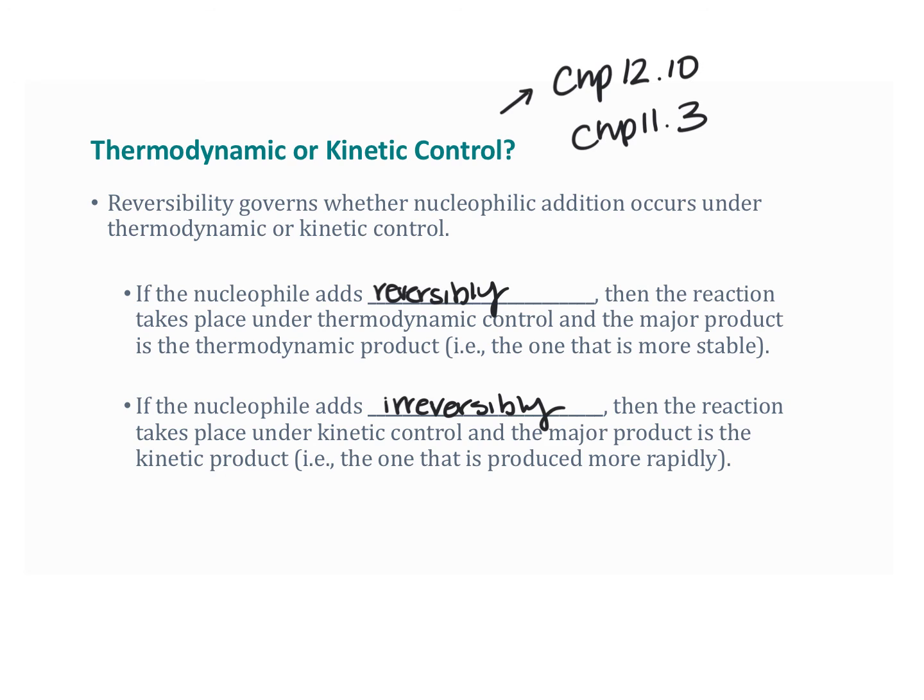And we've talked about this in several chapters, but I just want to remind you of it here. So we want to take these ideas and apply them to nucleophilic addition. To be able to do this, we need to know which product is the thermodynamic product and which product is the kinetic product.